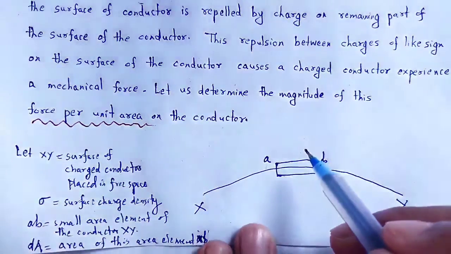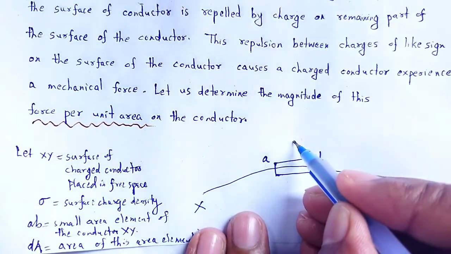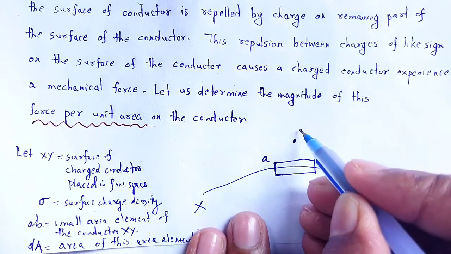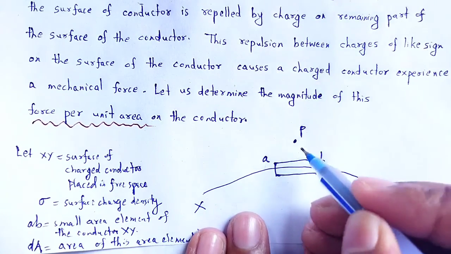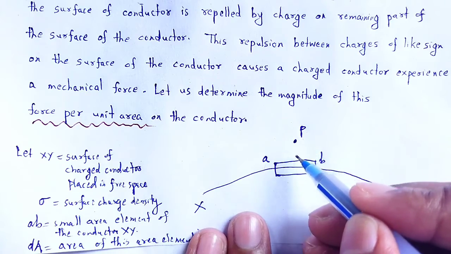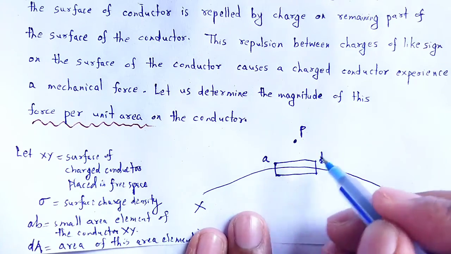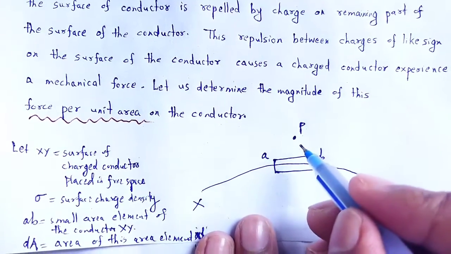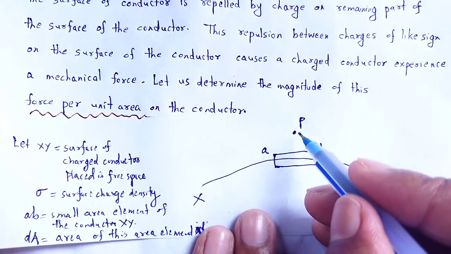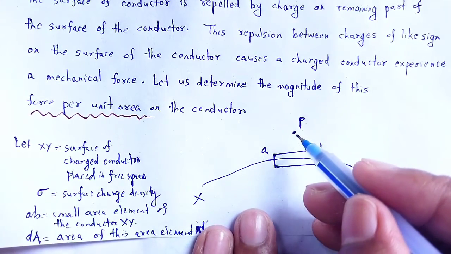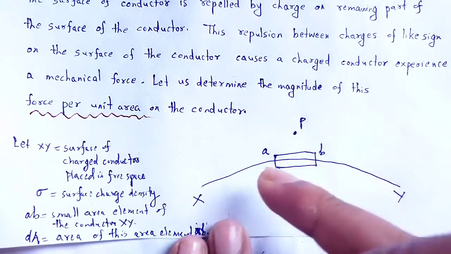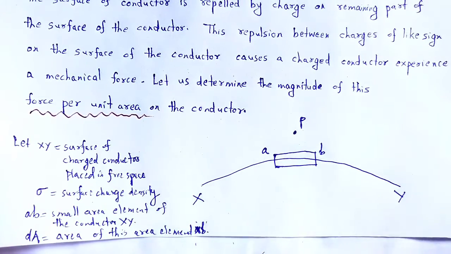Let P be the point just outside the area element. So according to Coulomb's law, we can calculate the electric field intensity at point P due to the conductor.